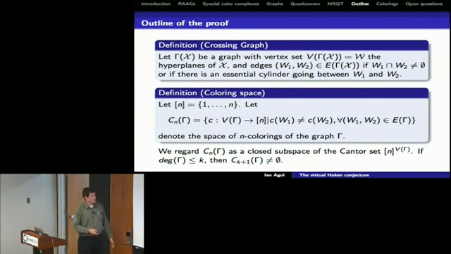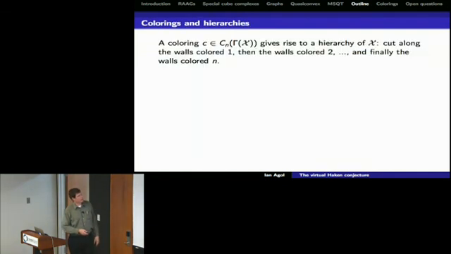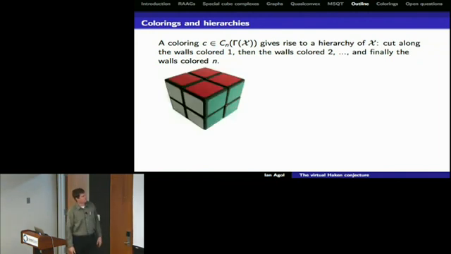So the claim is that this group, script G, acts on the space of these colorings. And these colorings give rise to a hierarchy. If we regard them as labels, we first cut along the ones labeled 1, then along 2, et cetera, until we get to n.